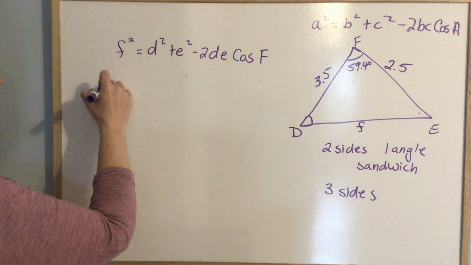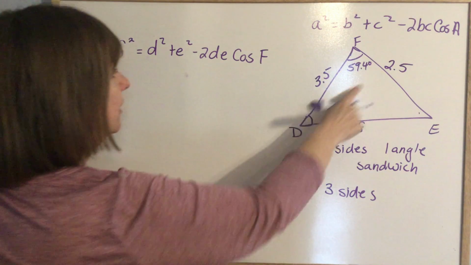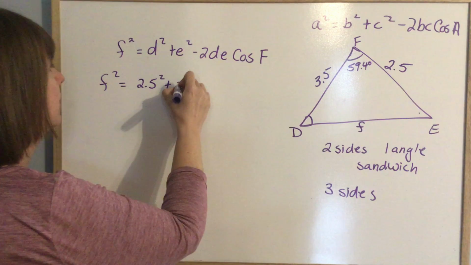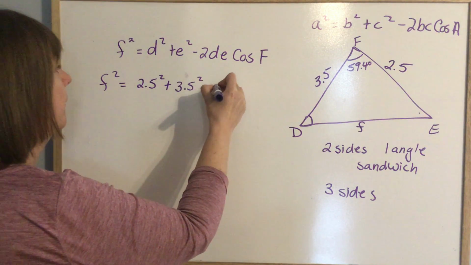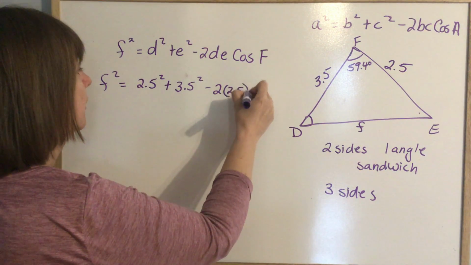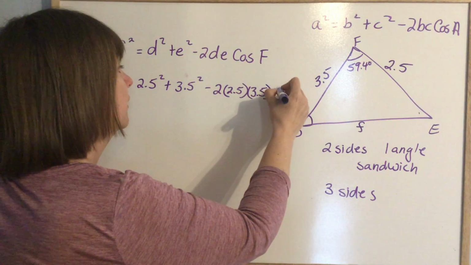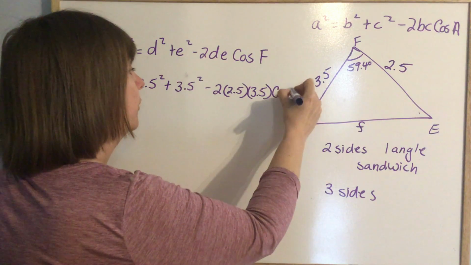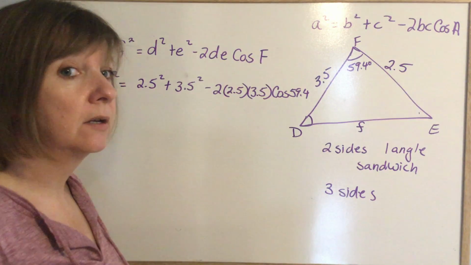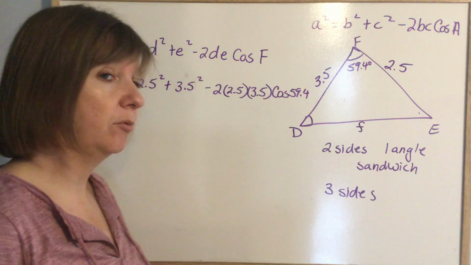So F squared is equal to d squared, and d is 2.5, plus e squared, e is 3.5, minus 2 times d, which is 2.5, times e, which is 3.5, times cos of 59.4. Now, I'm going to do something to help eliminate one of the major problems that people have with this.